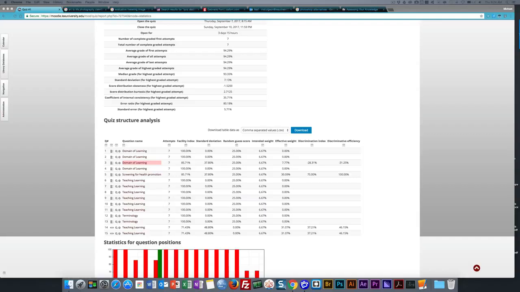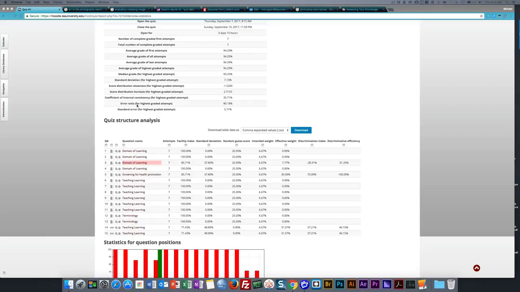I think the only one I have not answered yet is the error ratio. The error ratio is related to the coefficient of internal consistency. It estimates the percentage of standard deviation which is due to chance effects. Often in a quiz, especially multiple choice, as this one is, the student could get it right by chance.